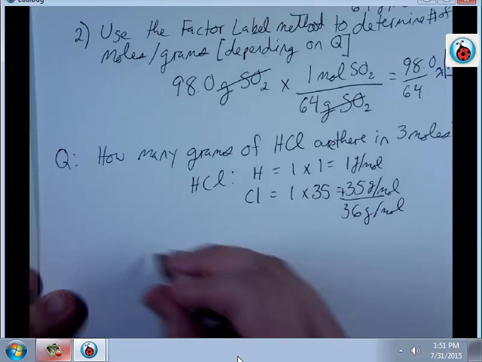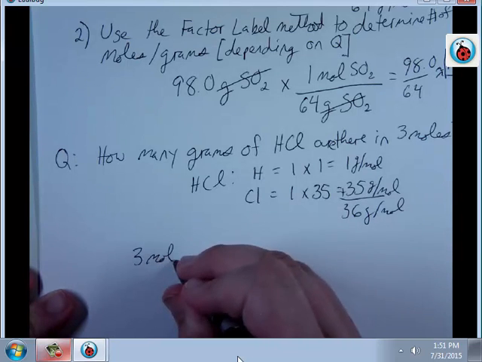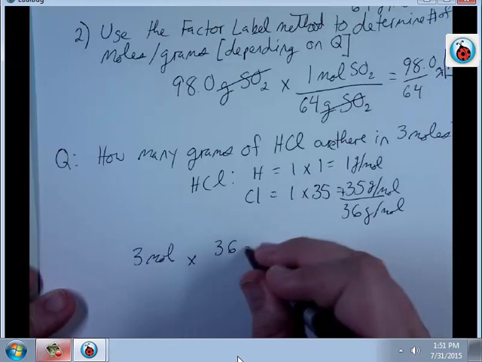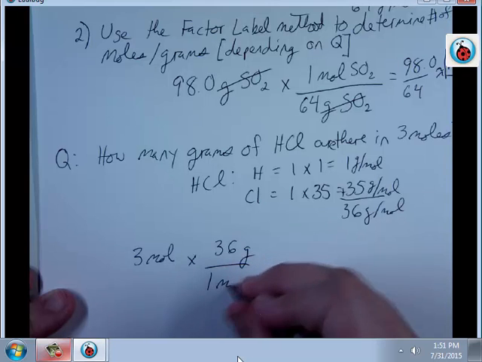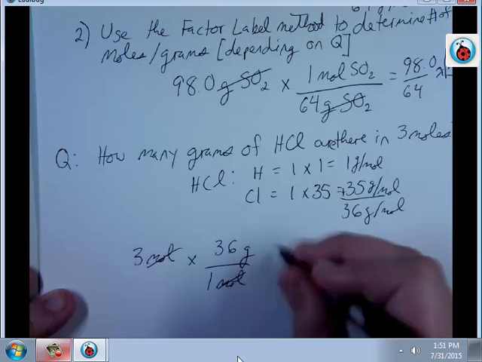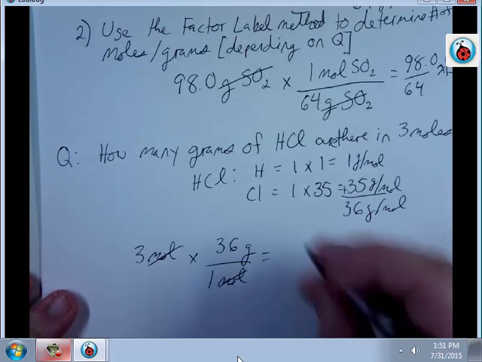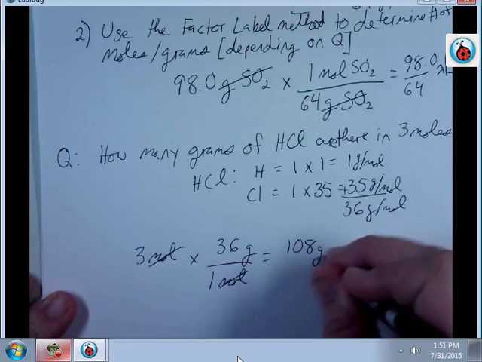So I start with 3 moles. I want the units to cancel out, so this time I have 36 grams on top over 1 mole. And 3 times 36 is 108 grams.